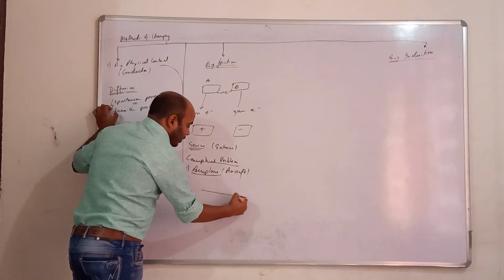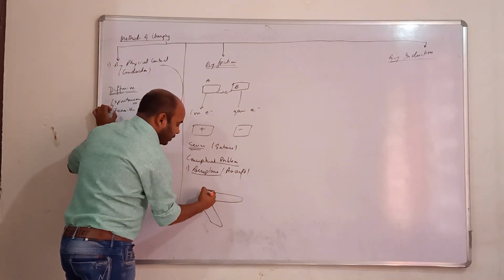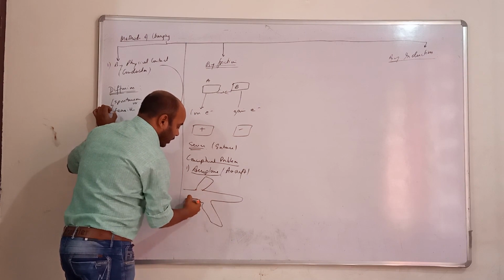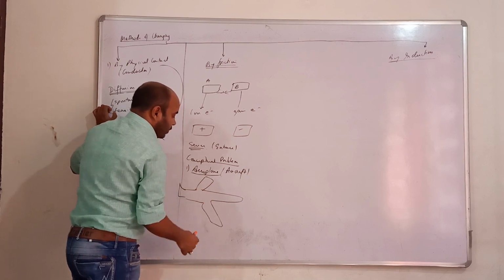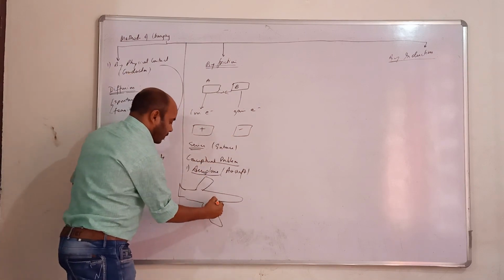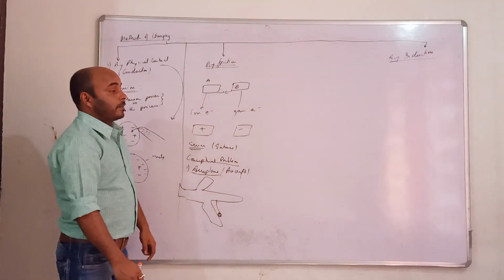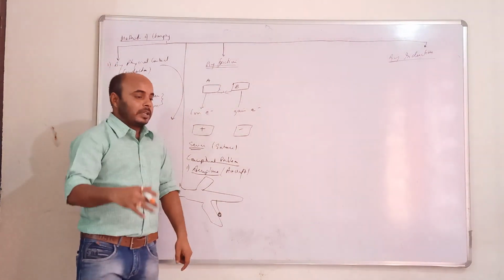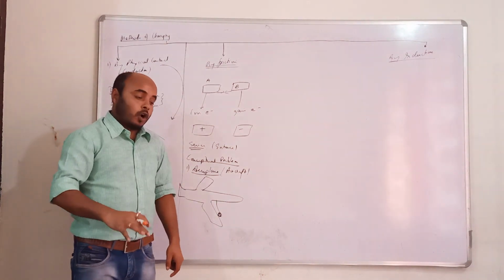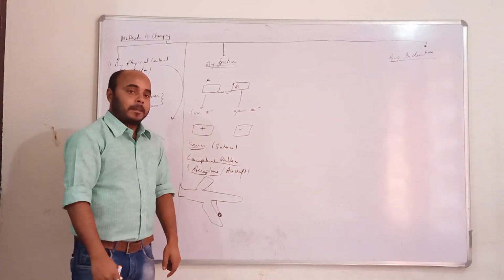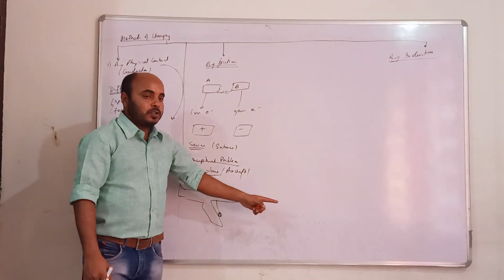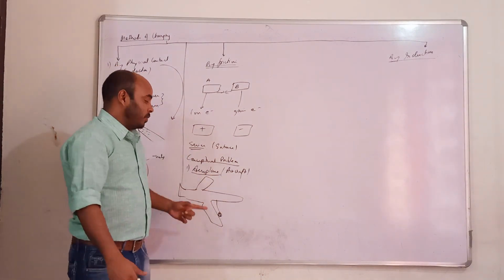If I talk about an aeroplane, for example, this is an aeroplane. Now don't laugh at my figure, okay? This is an aeroplane. Here are the tires. When this aeroplane lands on the runway or takes off from the runway, it is at huge speed, right? We all know it's a huge speed.